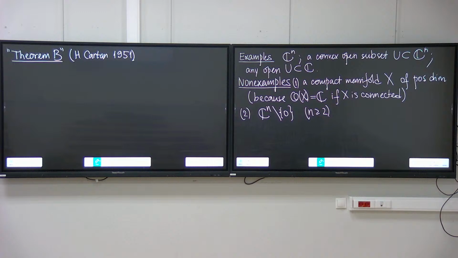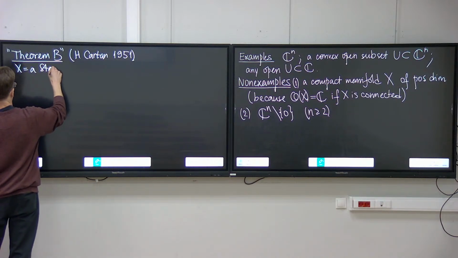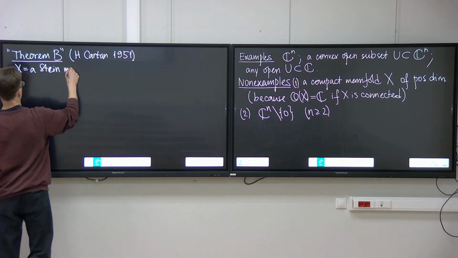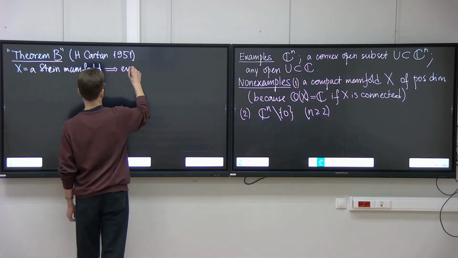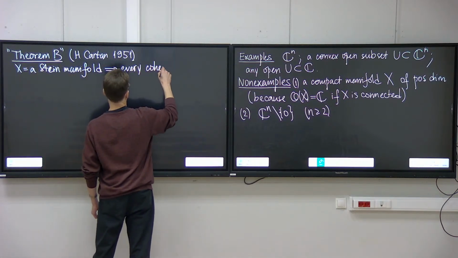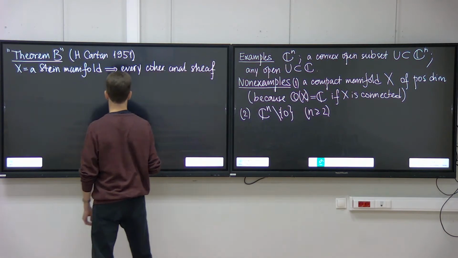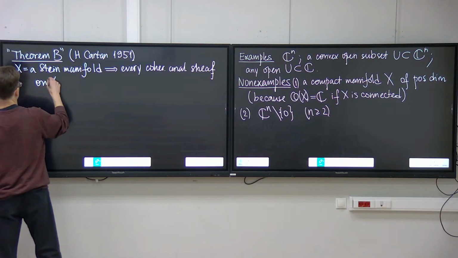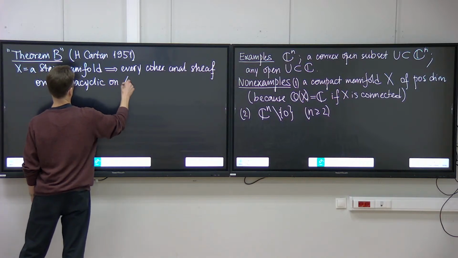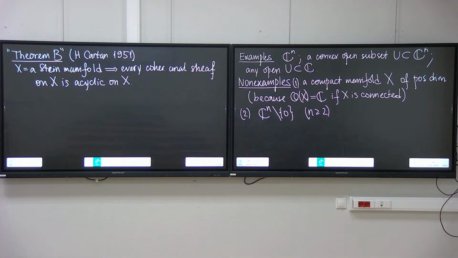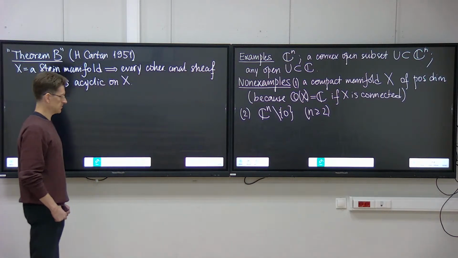And this theorem tells us that if X is a Stein manifold, then every coherent analytic sheaf on X is acyclic. This is very useful, but we will not prove this result today.